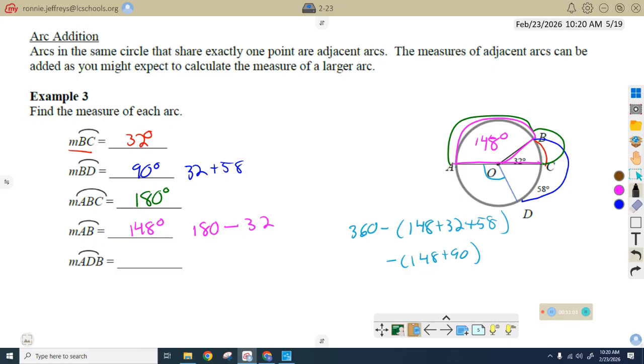Just put it down right there. So 360 minus 148 plus 90. All right, so this would be 120. Nope, this is 122. Yep.